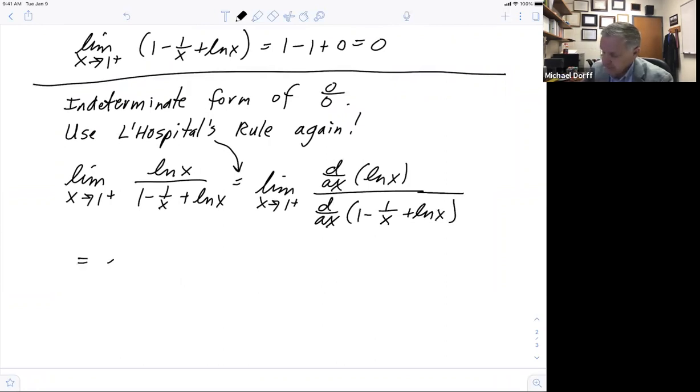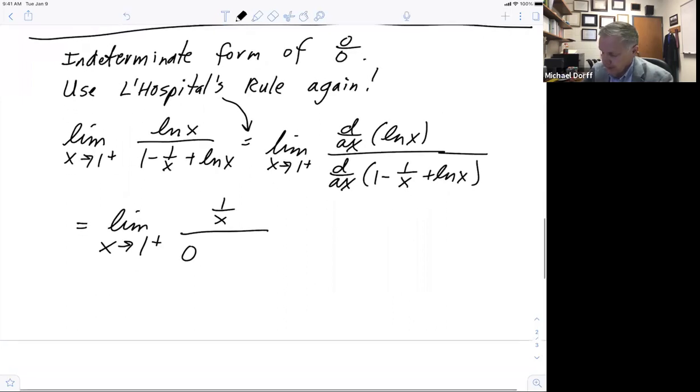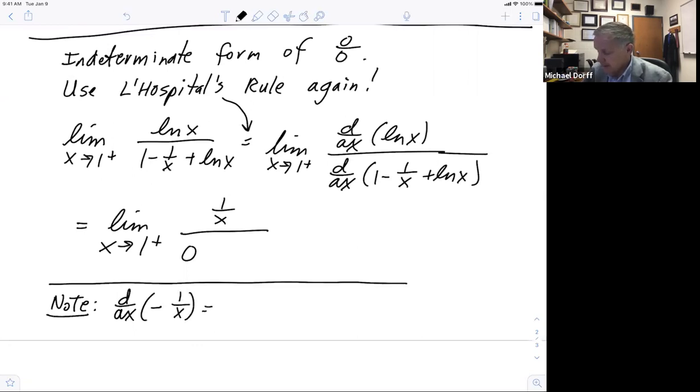When I do those derivatives, on the top, the derivative of natural log of x is 1 over x. And on the bottom, the derivative of 1 is 0. Derivative of 1 over x, let's just do that off to the side here. So we have d dx of negative 1 over x. I'm going to write that as d dx of negative x to the negative 1 power.